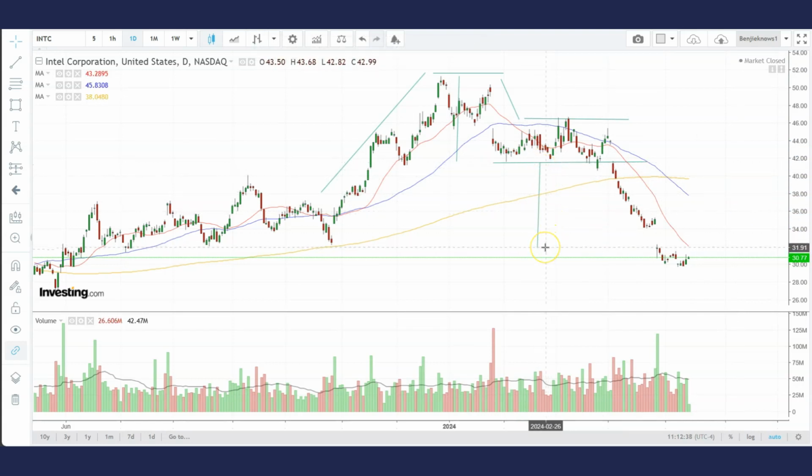So the target is about 31.91, and the target has already been met, isn't it? But it's still declining because it's below the 20 MA. You can take profits once the target has been met, and take another profit after it goes back above the 20 MA. So this is part of the chart pattern mastery.